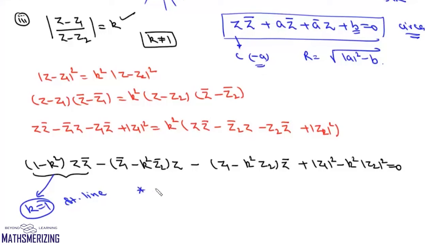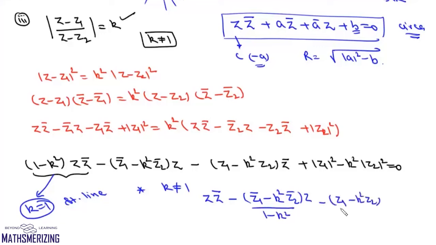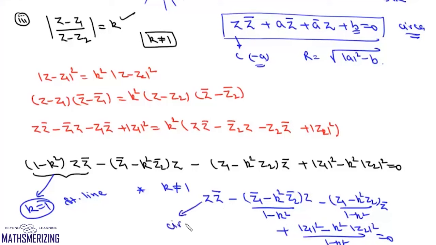But if this k is unequal to 1, we can write this as z z̄ − ((z̄1 − k² z̄2)/(1 − k²)) z − ((z1 − k² z2)/(1 − k²)) z̄ + (|z1|² − k²|z2|²)/(1 − k²) = 0, which is z z̄ + ā z + a z̄ + b = 0, which is the equation of a circle.